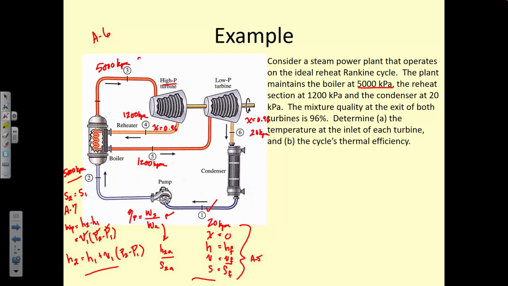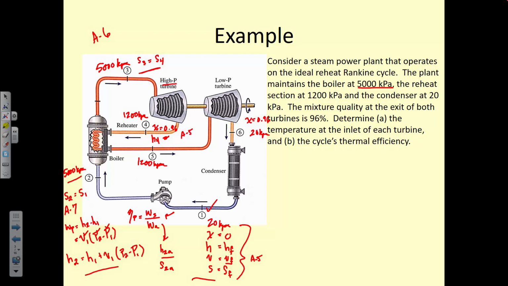Okay, so state 3, we know that S3 is going to be equal to S4. But instead of knowing this relationship and finding out what the enthalpy is at state 4, we work backwards. So H4 is going to be some value from table A5.